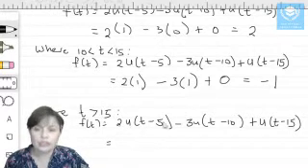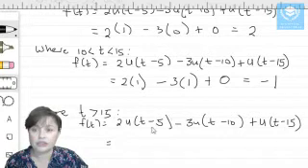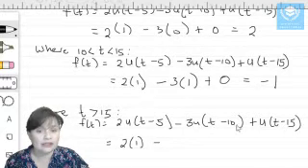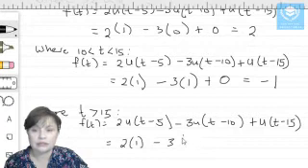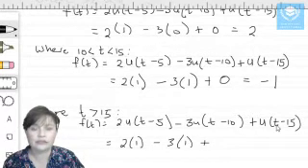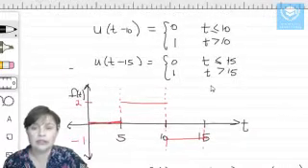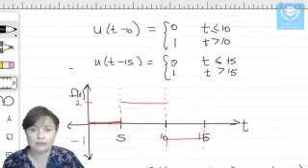2 u of t minus 5. t is bigger than 5, which means that that function is going to be a 1. So that stays 2. U of t minus 10 is also going to be 1 because t is greater than 10. So that's times 1. U of t minus 15, if we look at the definition of that function, where t is bigger than 15, u of t minus 15 is also 1.